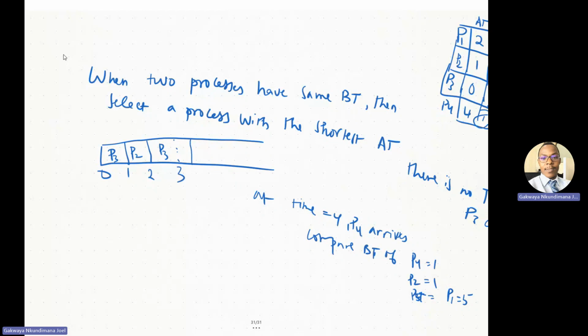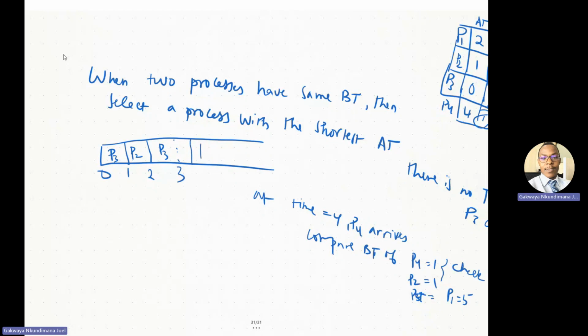P2 will resume, right? So we compare what? We compare this time, P3 completed, and then there is another tie here. There is a tie, P4 and P2, right? What will you check here? Check arrival time. Arrival time of P2 is 1, P4 is 4.